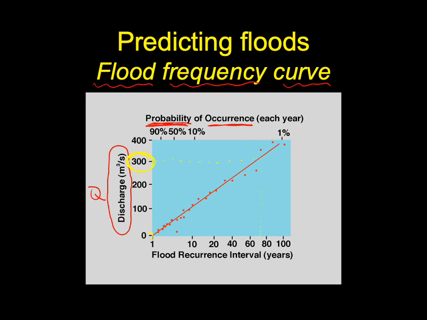If this curve is correct, what this tells us is that the probability of getting a flood of about 300 cubic meters per second is on the order of every 75 years. This is essentially telling us that the bigger the flood, the longer the amount of time in between subsequent floods of the same type. So every year, we will likely get a small flood.